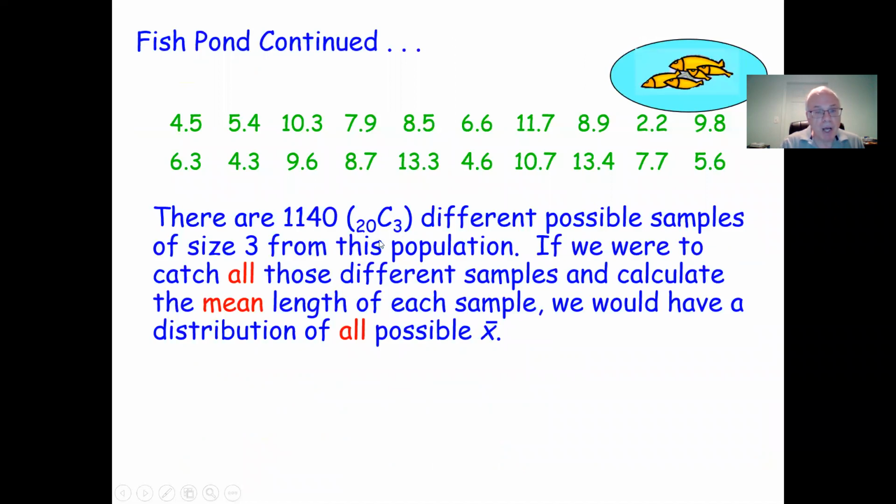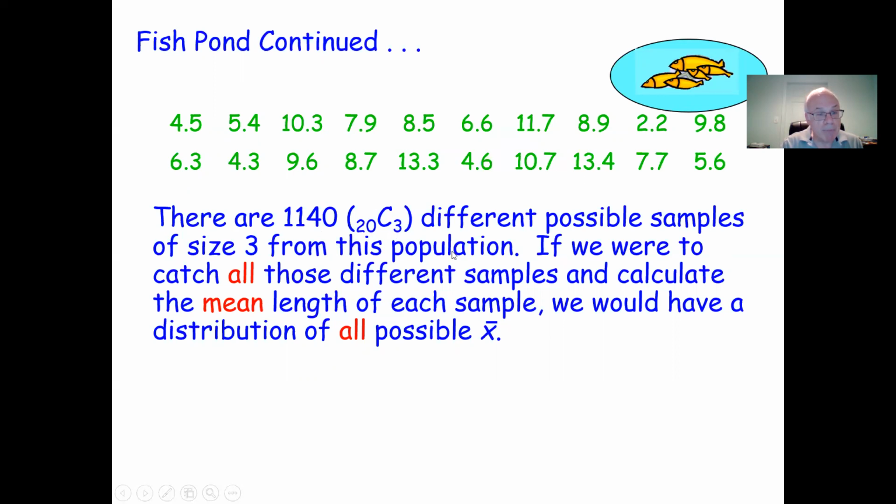But if you didn't, that's fine. It's not required for this course. Your TI-83 and 84 calculator calculates this for you. But anyway, what this is saying is, out of 20 fish, how many combinations of 3 fish are there? And there are 1,140 different possible samples of size 3 from this population.